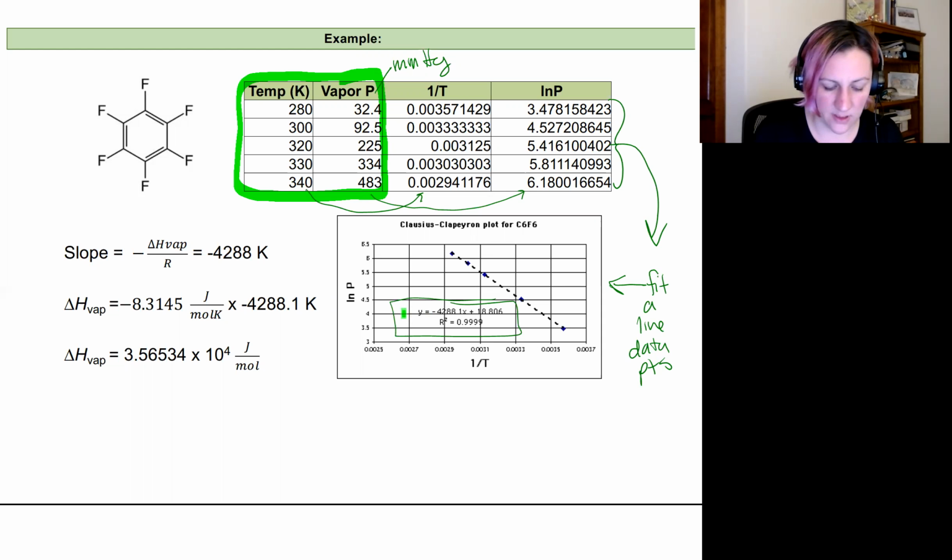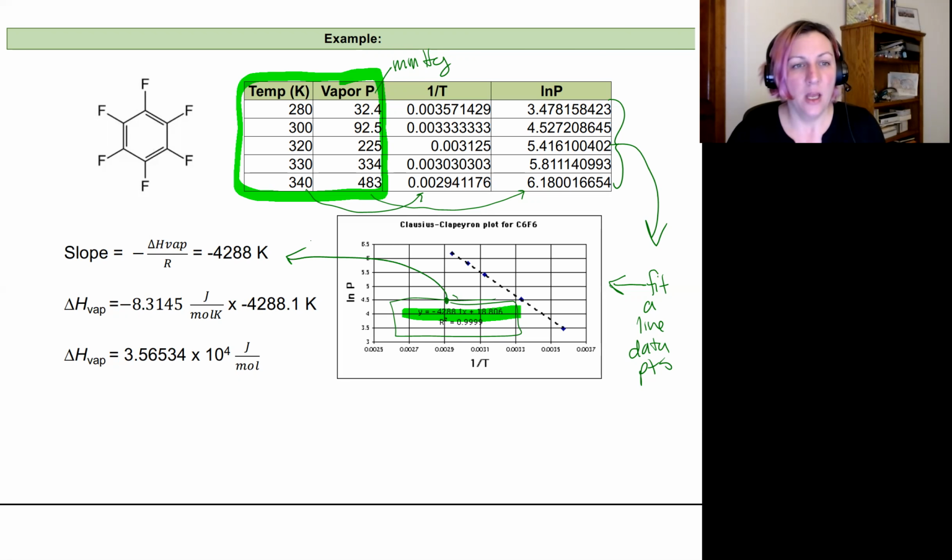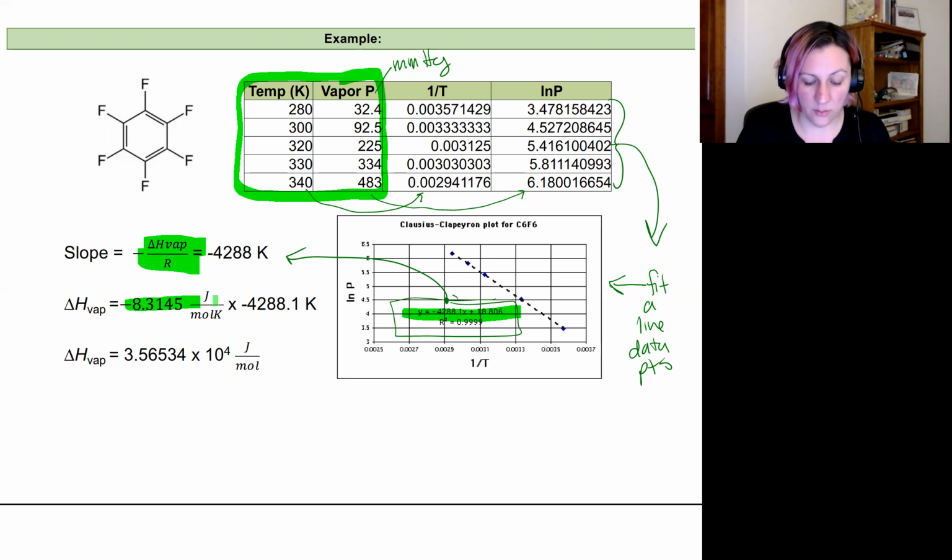Let's highlight it. What this is stating is that our slope value is about negative 288. That slope value is going to be equal to the negative of our enthalpy or heat of vaporization divided by R. So solving for that heat of vaporization, we're really just multiplying this by negative 8.3145, which is joules per mole Kelvin, and that gives us an answer in terms of joules per mole.